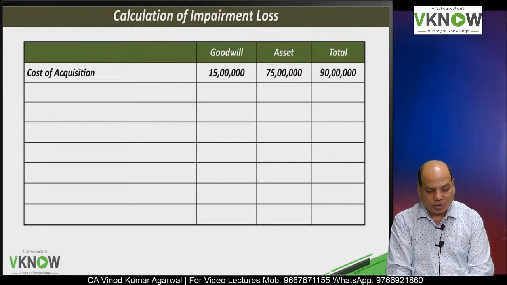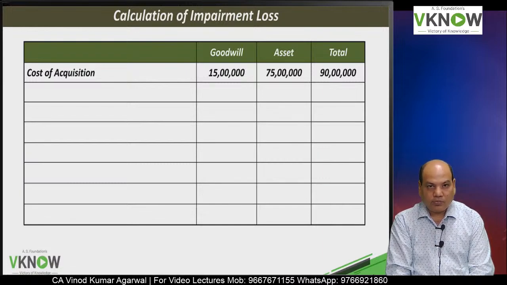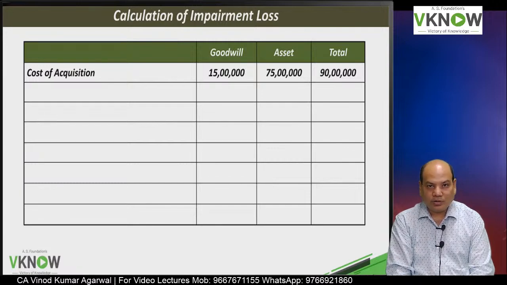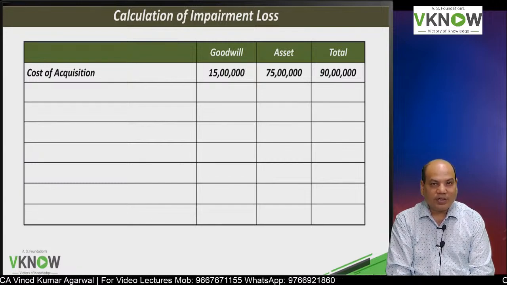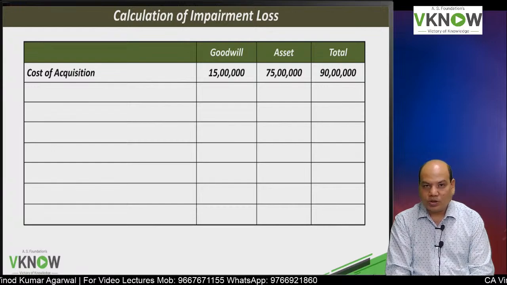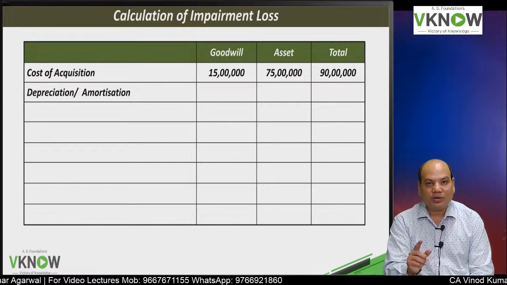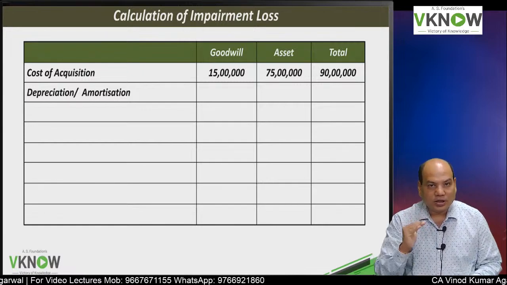cost of acquisition. Write down. As per our discussion, we have paid 15 lakh towards goodwill and 75 lakh towards net asset. Total consideration paid 90 lakh. 3 years are over.